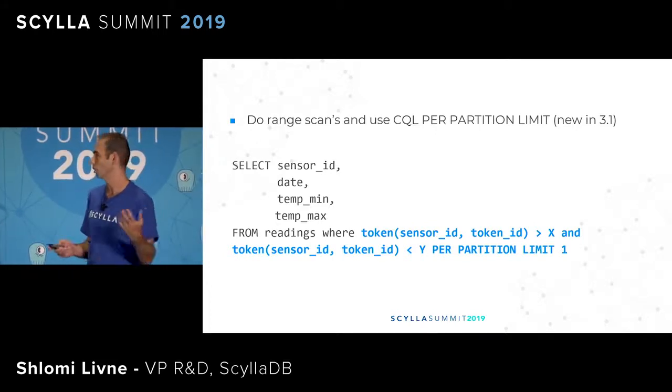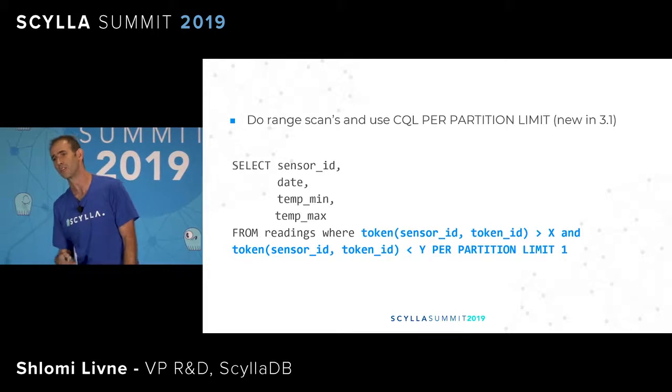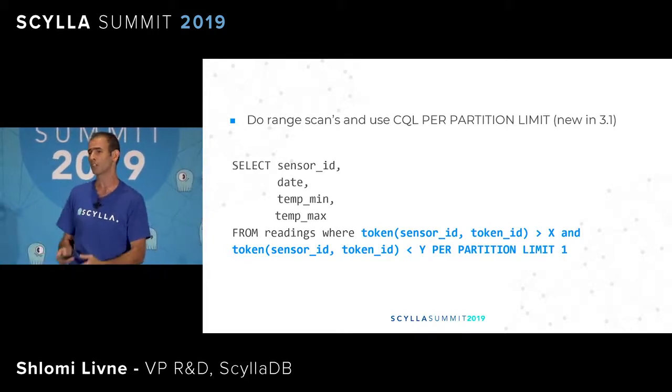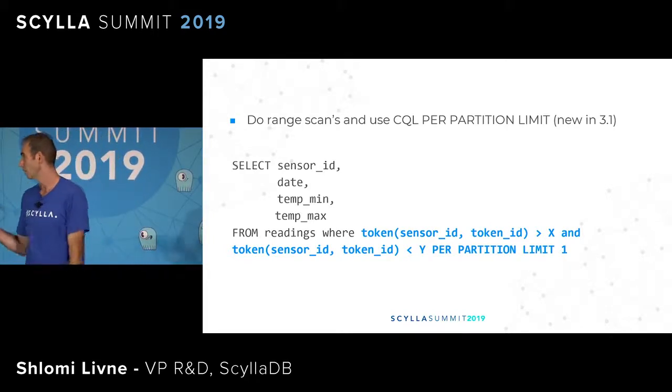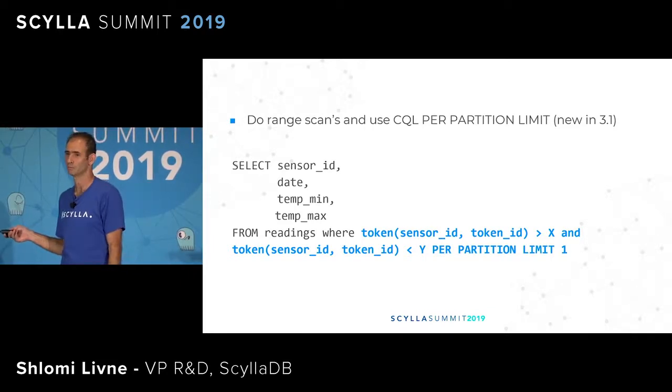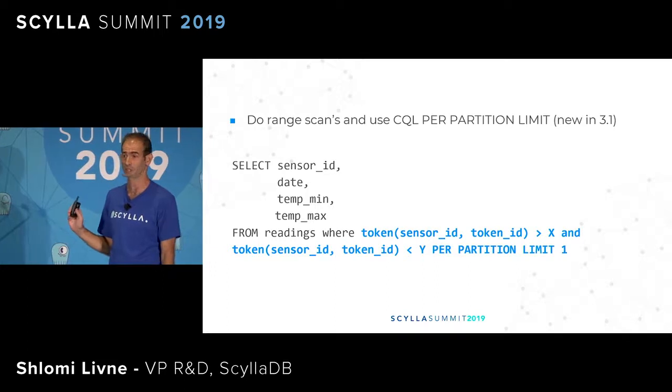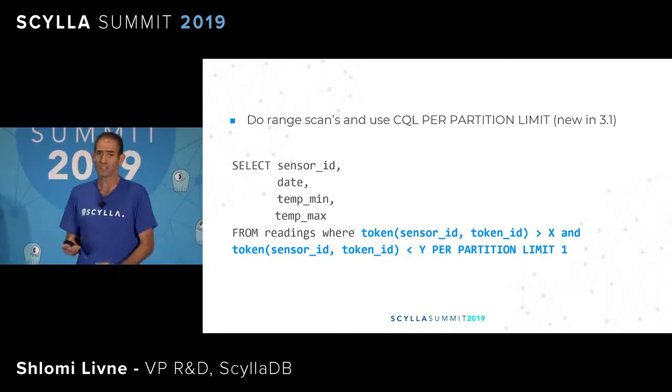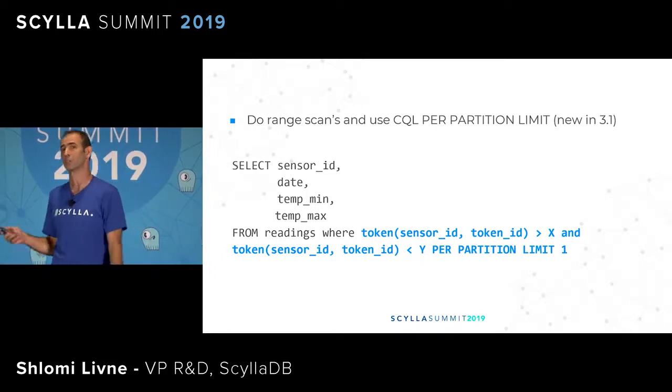We don't need all the rows. So Scylla 3.1 actually added per-partition limit. Per-partition limit means that for each partition, I'm interested only in a subset of the rows. In my case, I only need one, because the static fields are shared across the rows. So that is sufficient. So let's see, what will I gain when I run this?